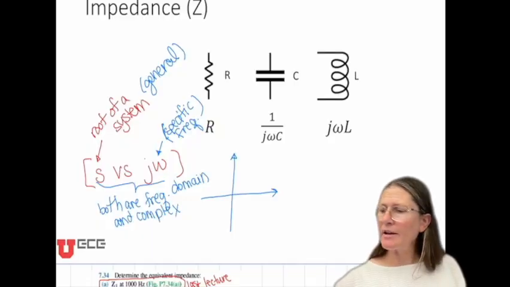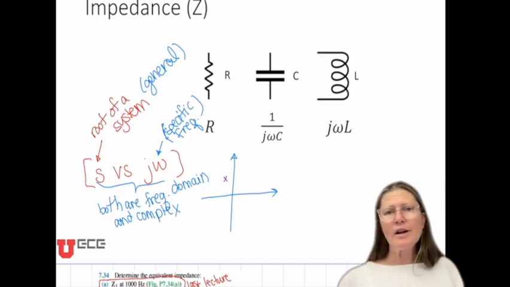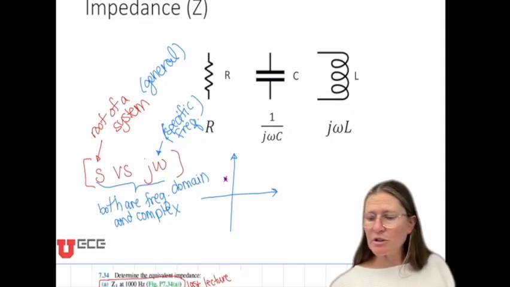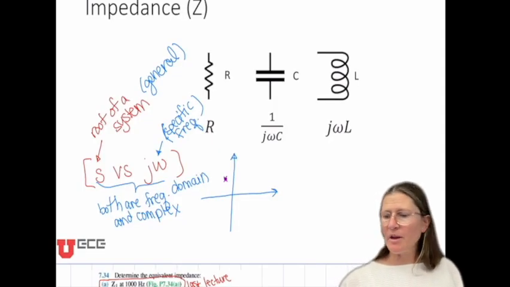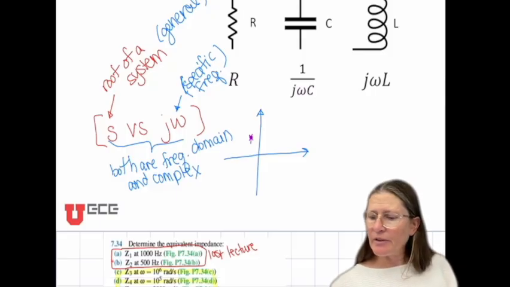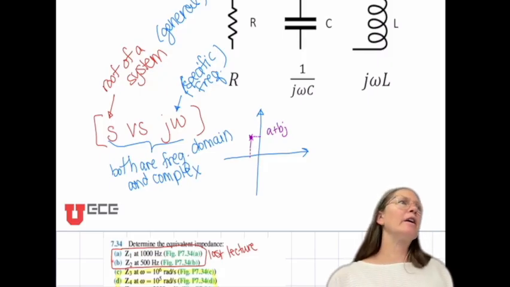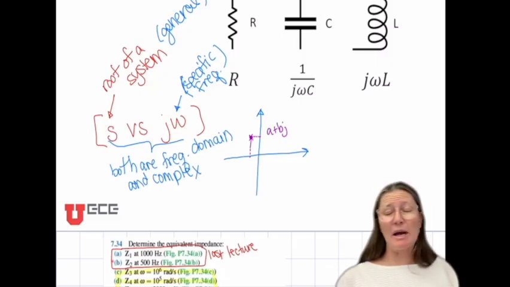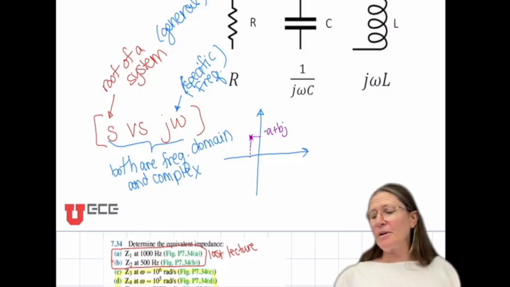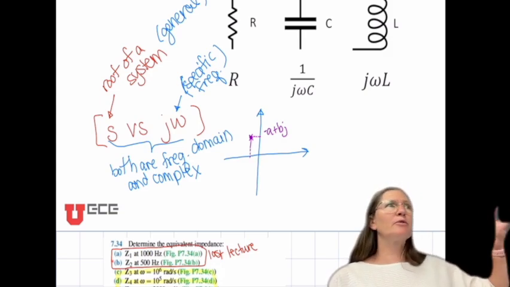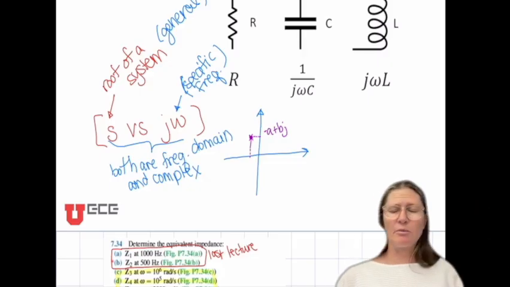When we look at a specific S value, it would be one particular solution, and a root could be a point such as this. A rectangular form would be written as A plus Bj, and so it has both a real component and an imaginary component.